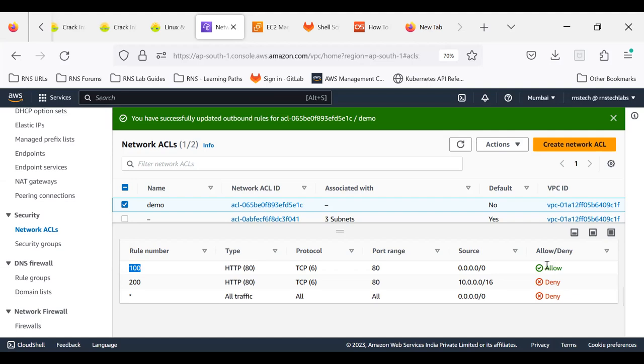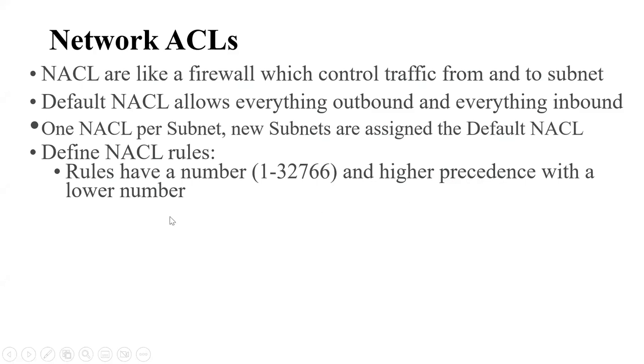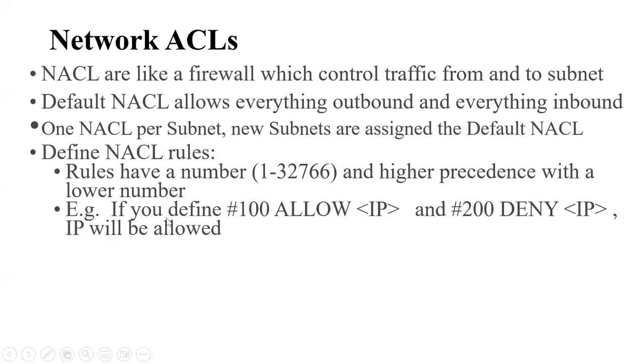So if number 100 allows an IP address and number 200 denies it, the IP will be allowed, as 100 is the lowest number and defines the allow rule.